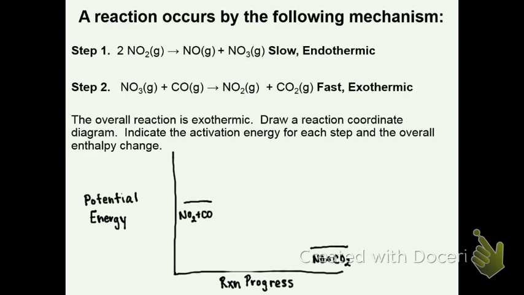So we know that the intermediate species are going to be the products of the first step. And we know that the first step is endothermic, so the energy of nitrogen monoxide and nitrogen trioxide must be higher than the energy of the reactants. So we'll draw them about there.